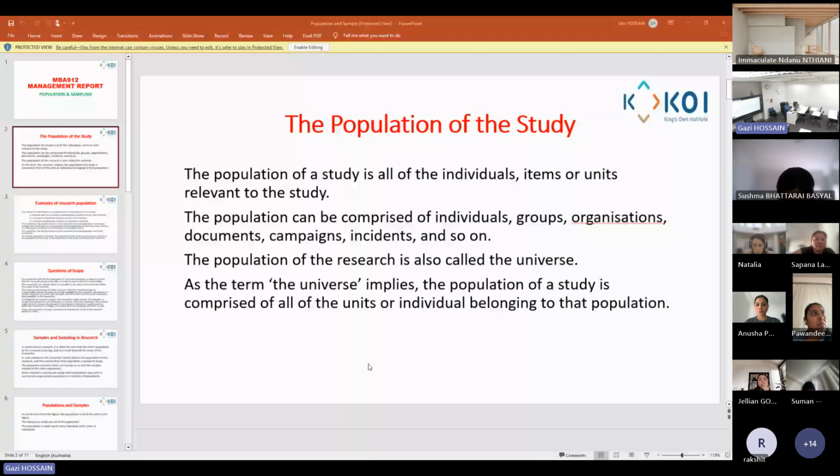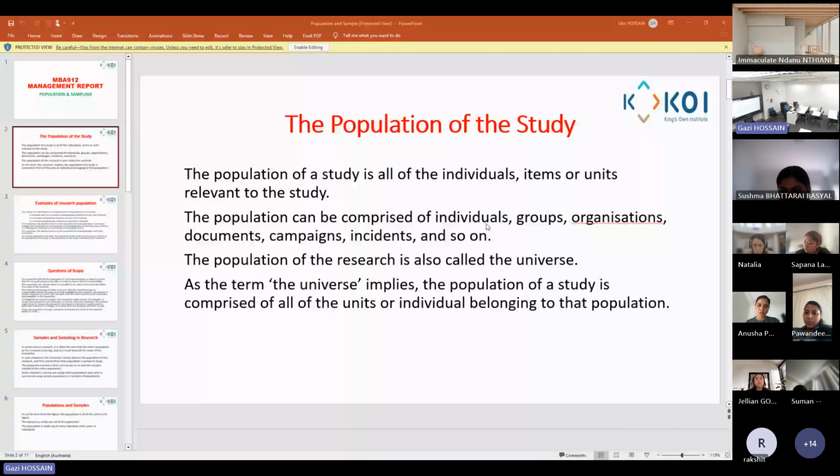As I said, the researcher might decide to compare levels of disposable income among Australian and non-Australian undergraduate students at King's Own Institute, or among undergraduate students at King's Own Institute, or among undergraduate students at universities in Australia.